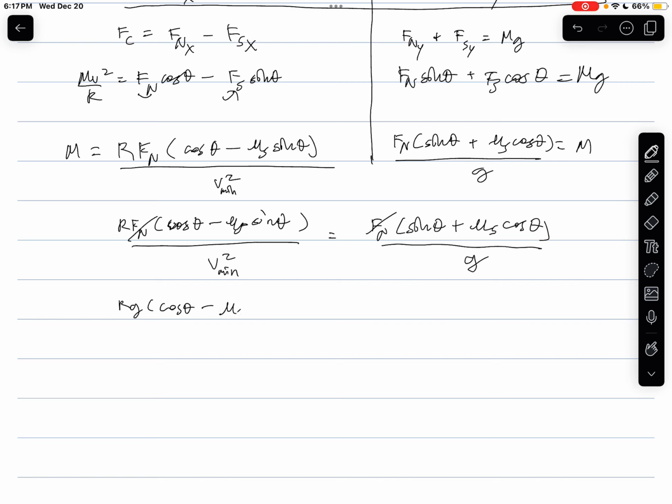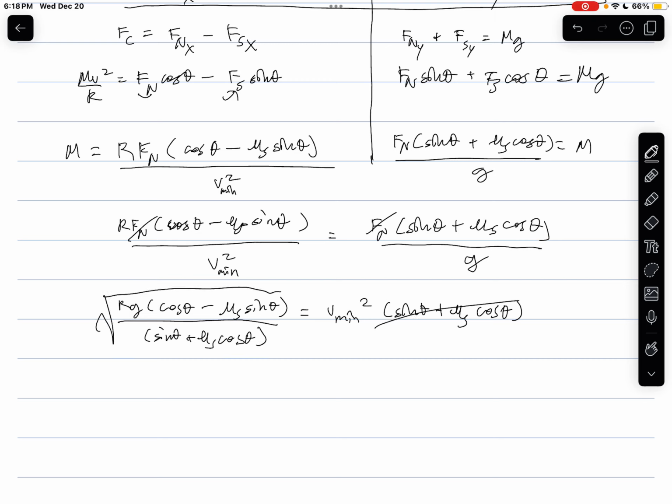So V min should be: Rg cosine of theta minus mu s sine of theta equals V min squared times sine of theta plus mu s cosine of theta. So then you divide both sides by sine of theta plus mu s cosine of theta. Square root that.